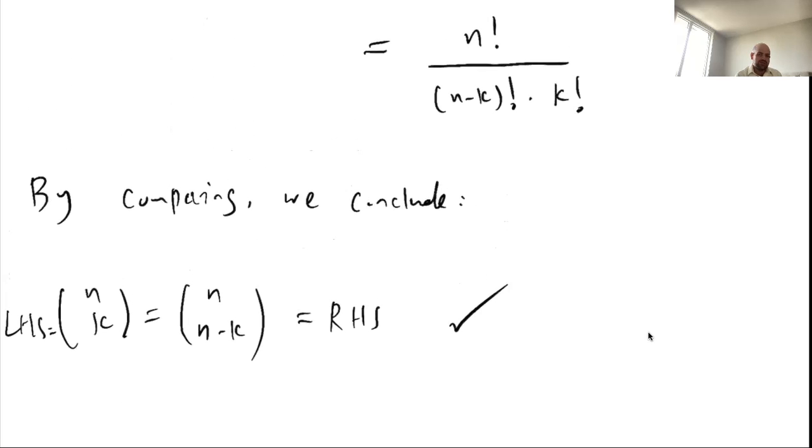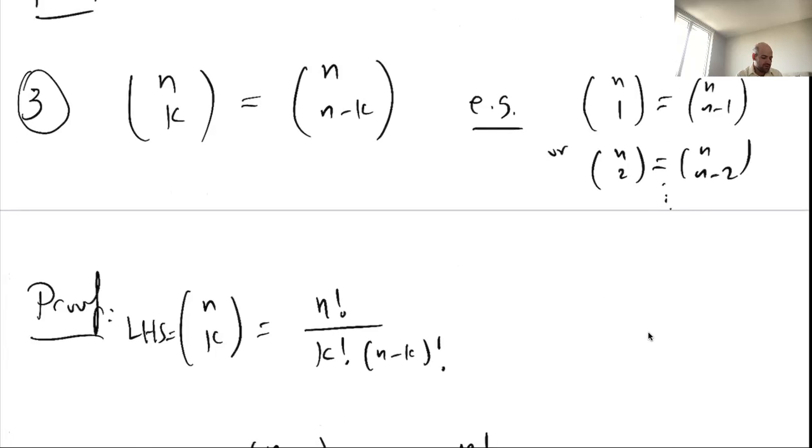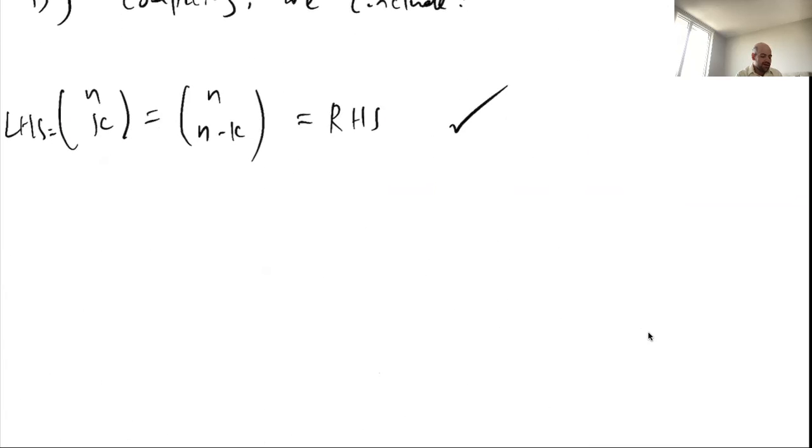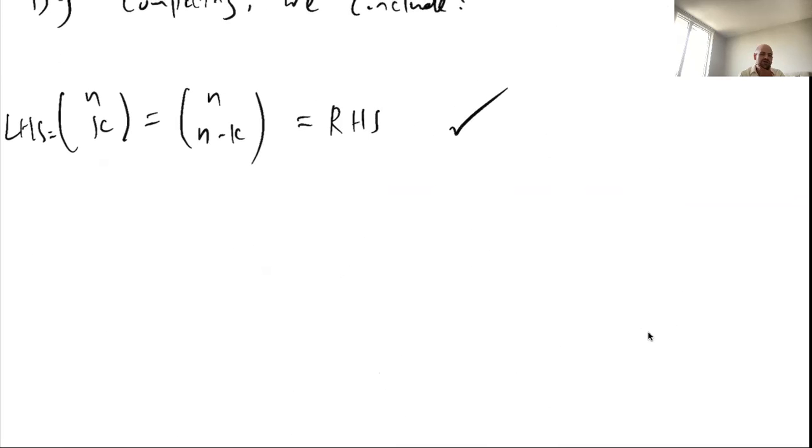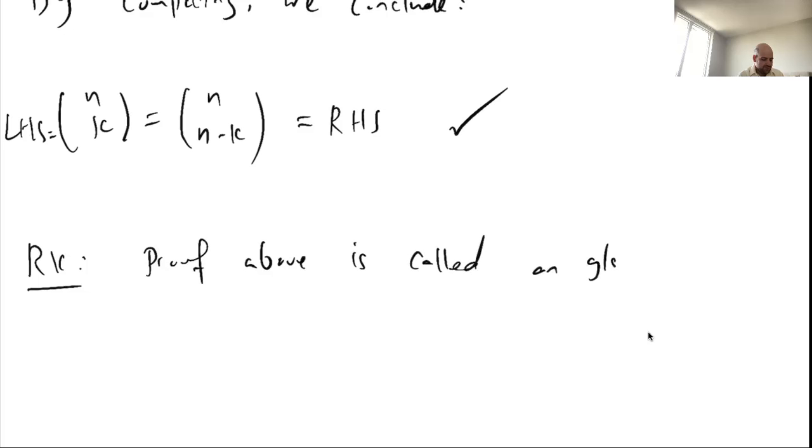It's called an algebraic proof. We have another type of proof, called a combinatorial proof, for proving identities and formulas. That's a little bit more tricky, more conceptual, and we'll do it next time. So, remark: the proof above is called an algebraic proof.